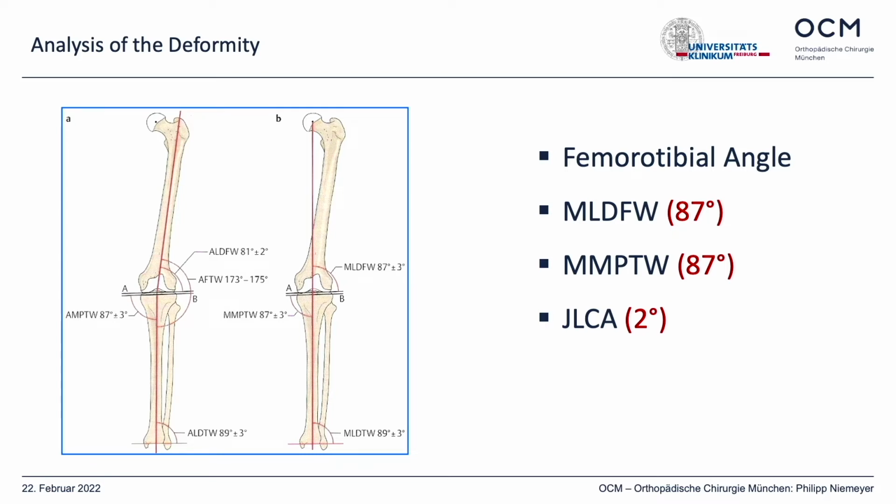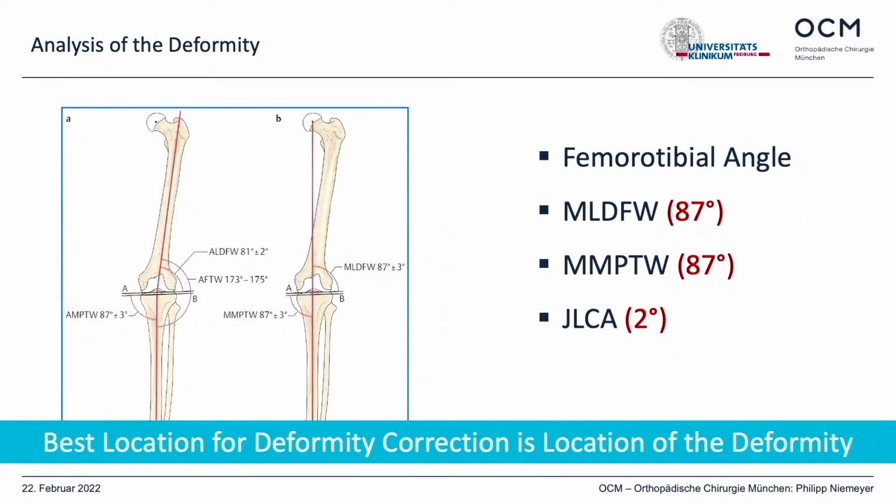And this is really important, and this brings me to my first take-home message for tonight. In every patient with a varus or valgus deformity, we need to distinguish whether the deformity is located on the tibia, on the femur, or if there might be even a mixed type deformity, since the best location for the deformity correction is the location of the deformity.